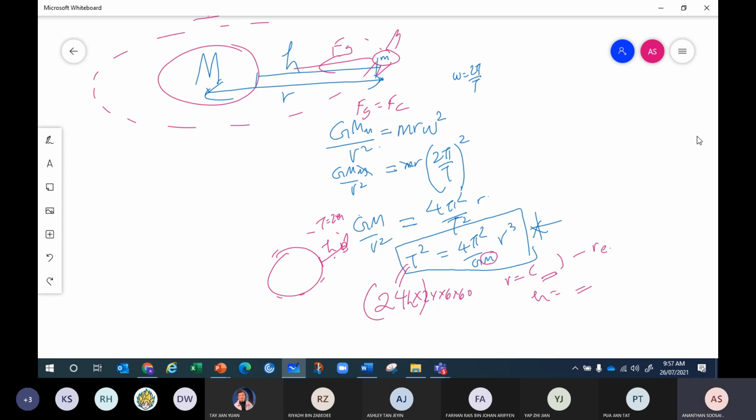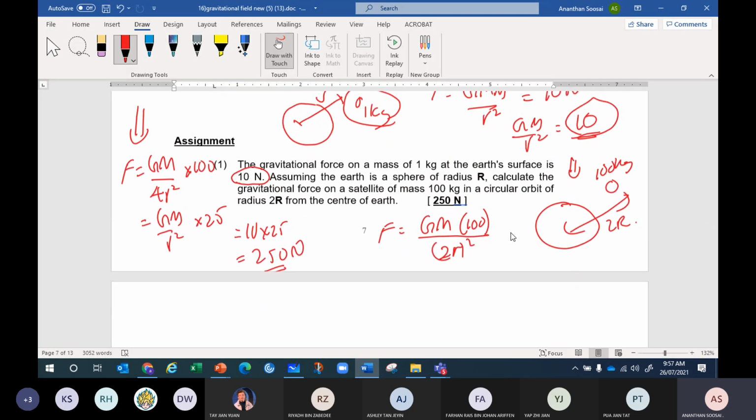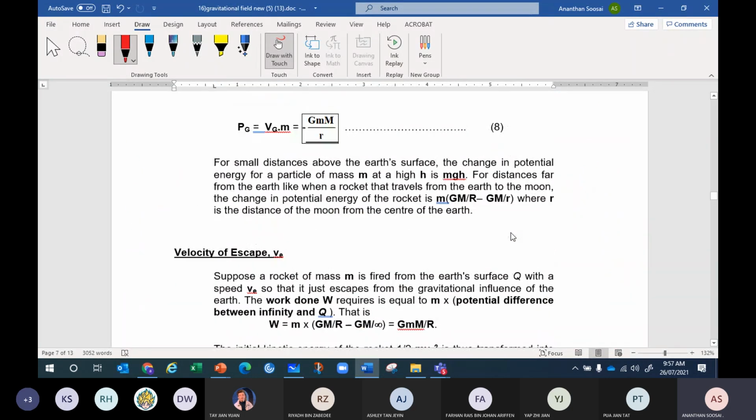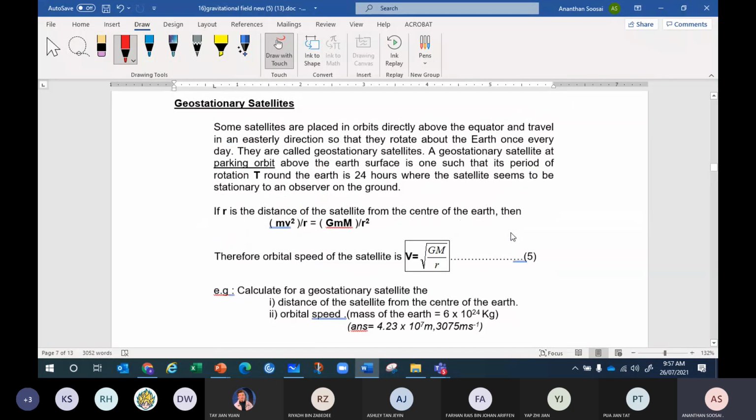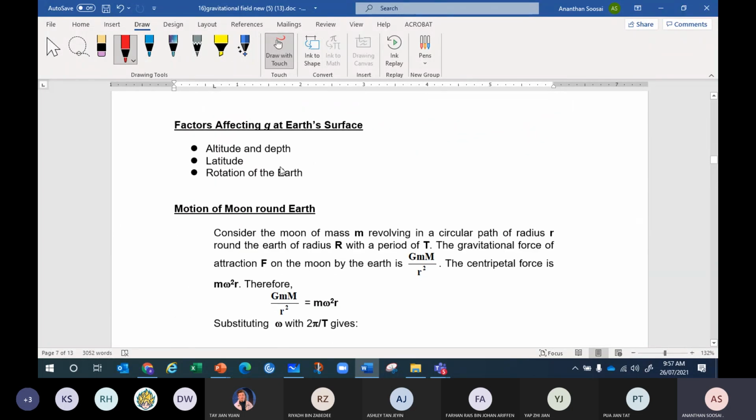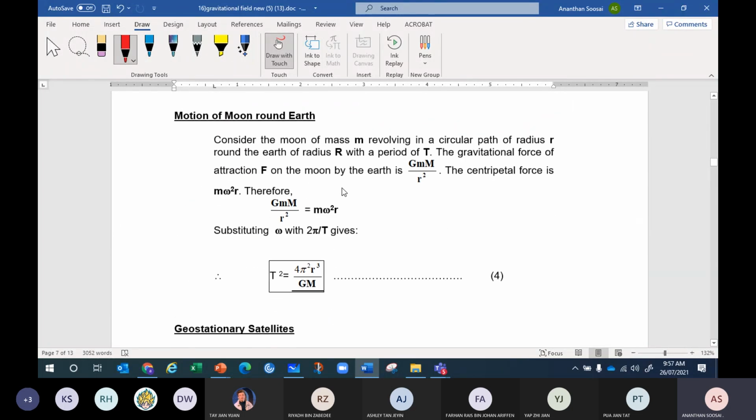This is in your PowerPoint. In your Word file we also have this equation. If I scroll up, the derivation is here, after the altitude and latitude rotation. This is the equation I just showed you.